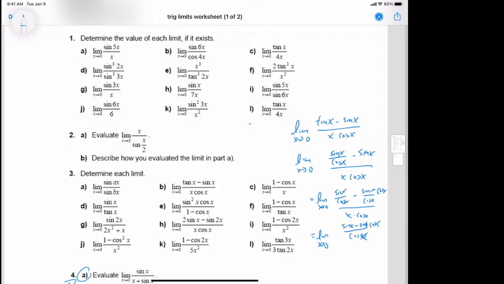Don't write anything down yet because I don't know if I'm going anywhere. And that doesn't seem like it's going anywhere. So I'm going to scratch that idea.